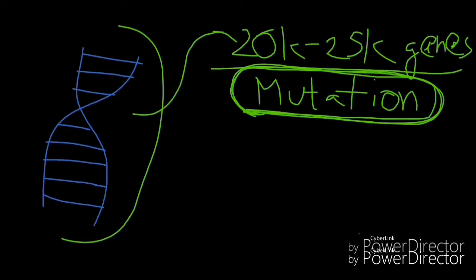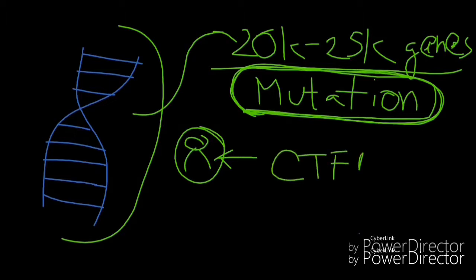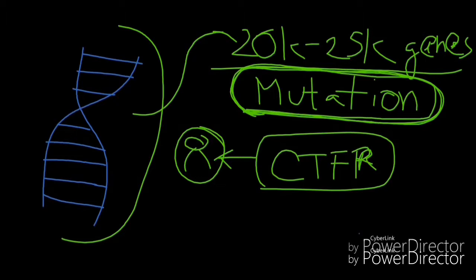So when people say that some people have the cystic fibrosis gene, they are usually referring to a mutated version of the CFTR gene. That means if you heard that someone has the cystic fibrosis gene, which is the cause of a disease, the person has a mutated version of the CFTR gene.